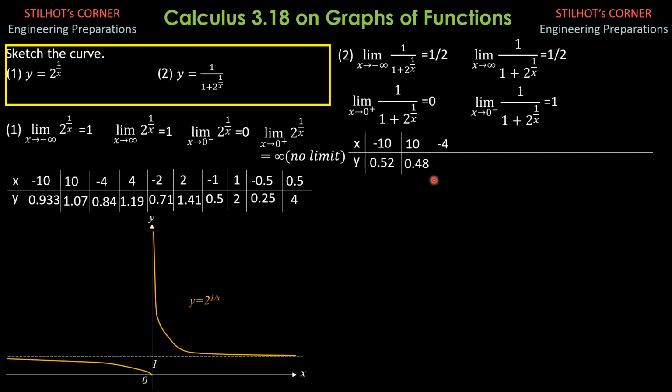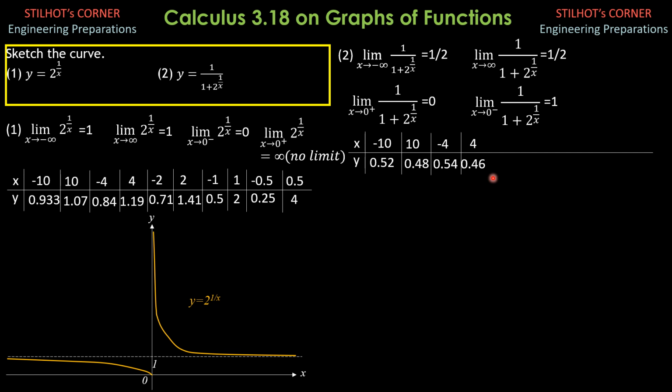X is negative 4, y is 0.54, x is positive 4, y is 0.46, x is negative 2, y is 0.59, x is positive 2, y is 0.41.